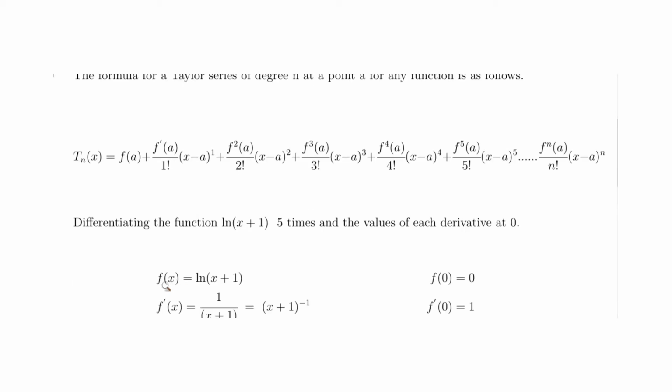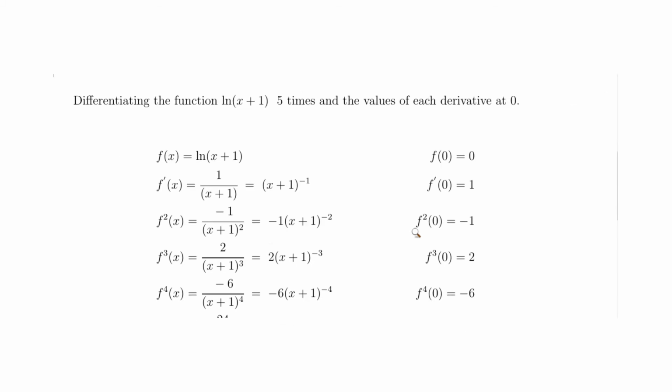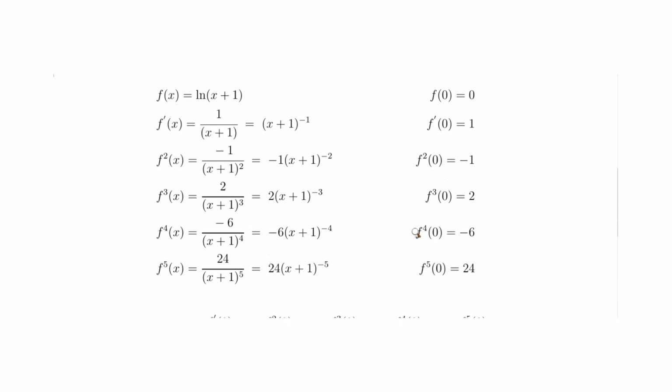So we first of all start off with the function, which is ln of x plus 1, and the function at 0 is 0. So the log of x plus 1, well x will be 0, so log of 1, natural log of 1 is 0. So that's pretty straightforward. And then we differentiate the function 5 times.